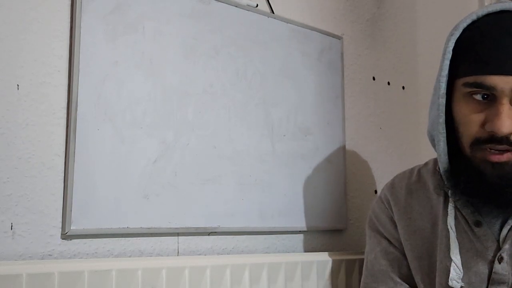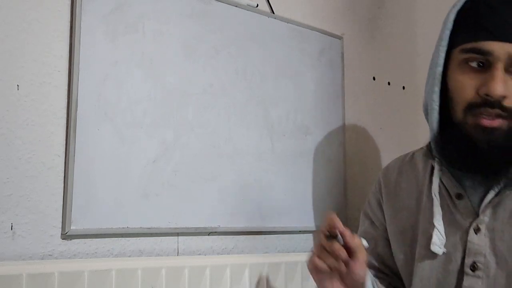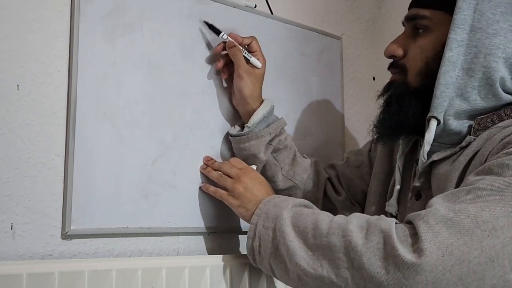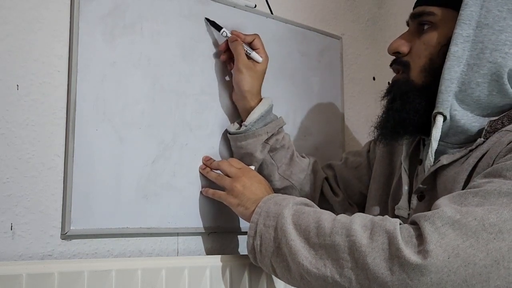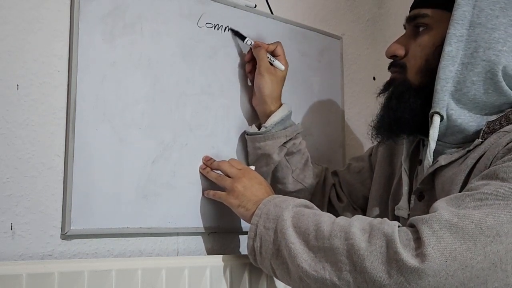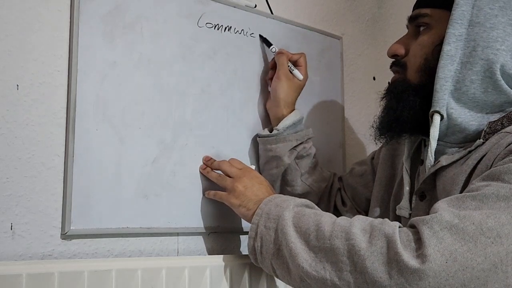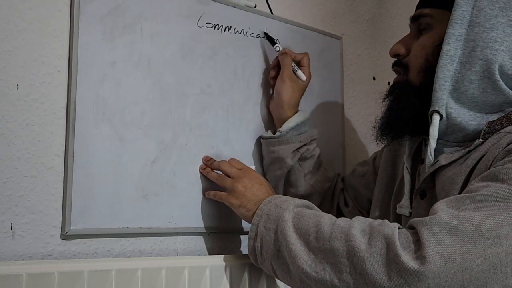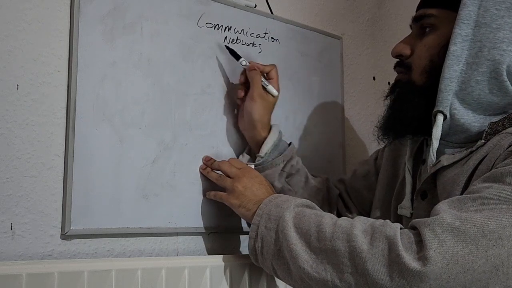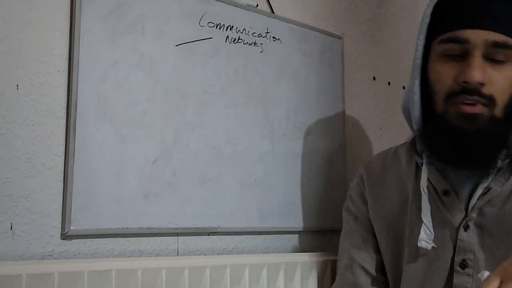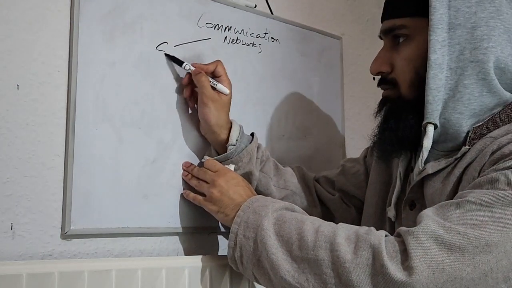So there are different types of networks. So we have this diagram. Let me just do that quickly. Communication networks. So we have switched networks.